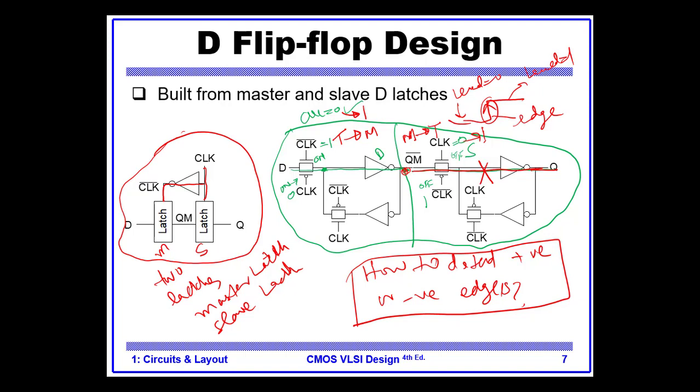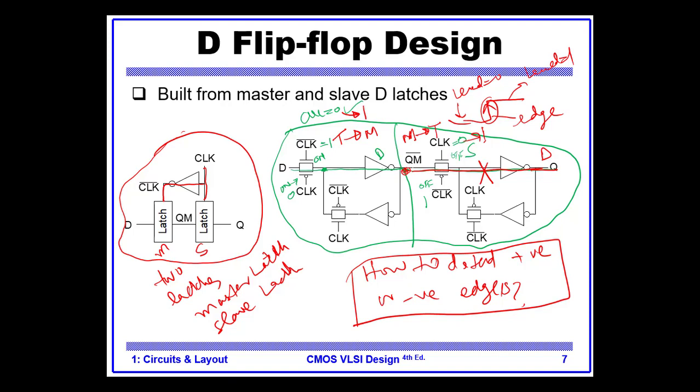And when it goes to transparent, remember our D which is waiting here, this D will go to the output. So this was to illustrate that at no point in time are the master and slave both transparent. If one is transparent, the other is in memory mode.